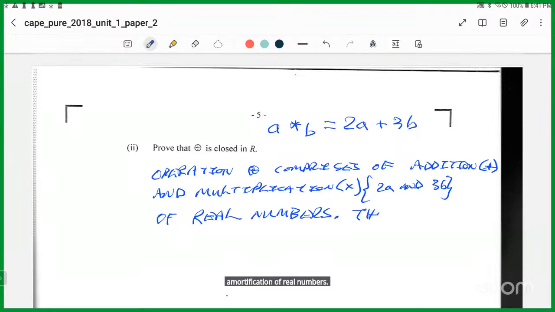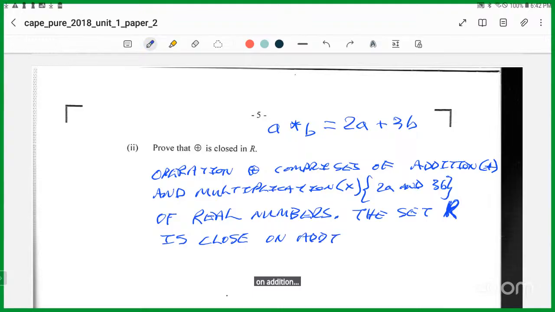This set R, which is the set of real numbers, the set R is closed on addition and on multiplication.